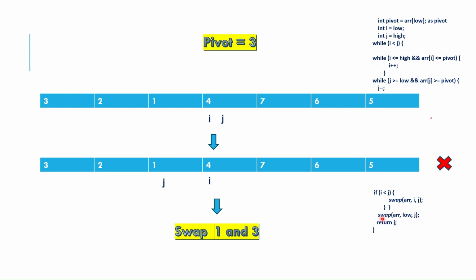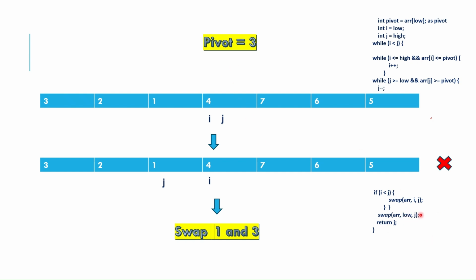As per this case, we swap 1 and 3, where low is 3 and j is 1. Low is nothing but the pivot, you can call it the pivot.